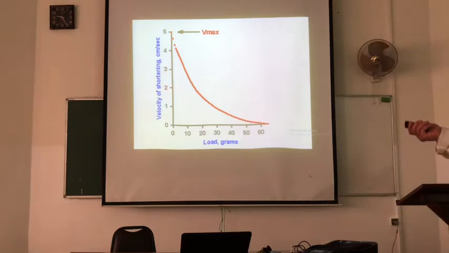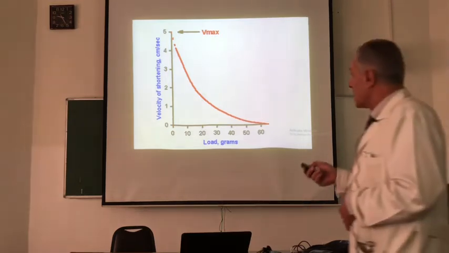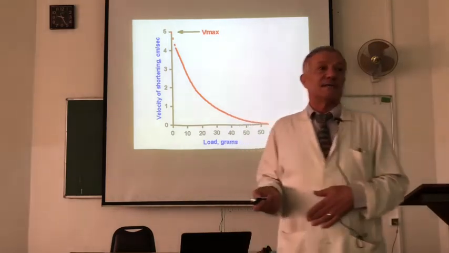So according to the load by which we are loading this muscle, we can record this curve. At zero load we have the highest velocity, while at the highest load we get zero velocity of contraction, and so on. This is a simple curve.